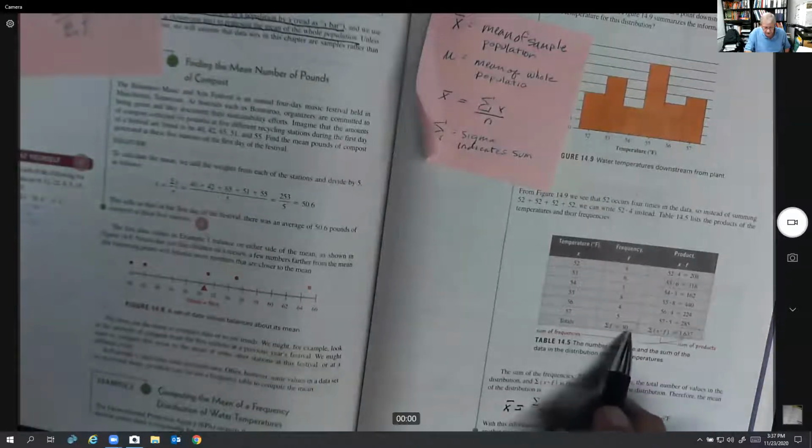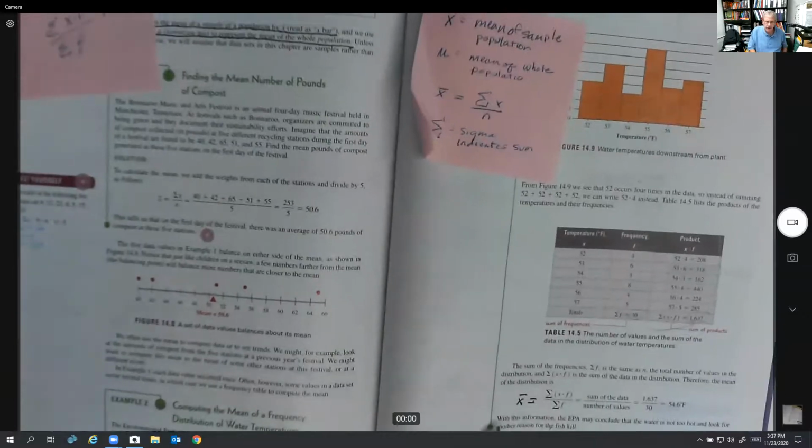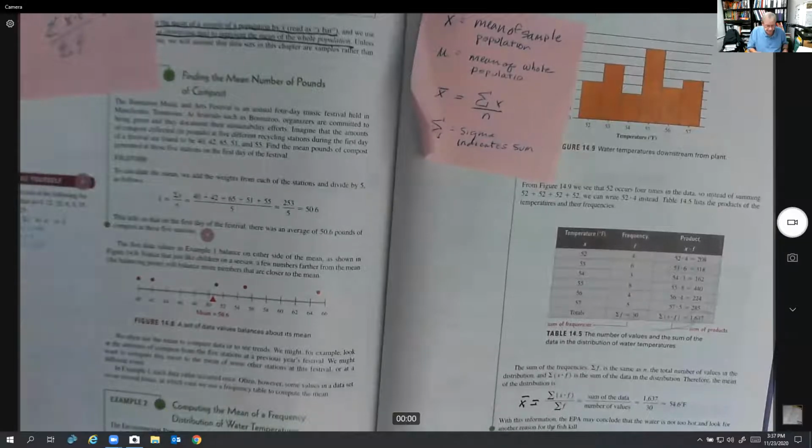This was some temperatures and how much they occurred in maybe this 1 month or something. And so in the 30 days, some of these temperatures was such and such, and then they divided it, so they could say the mean temperature was about 55 degrees. Some days were colder, some days were warmer, but the mean average was about 55. And so we use this X bar to represent the mean.